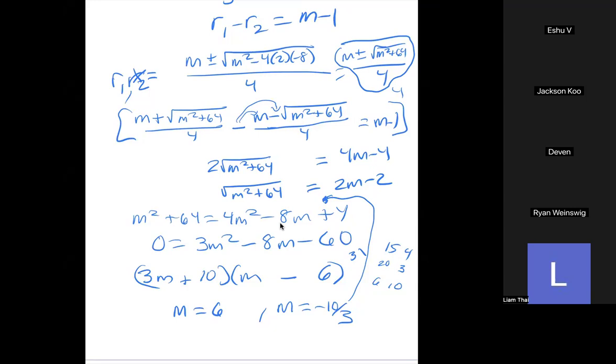Well, will that mean they have the same roots either way? You would still get the same, right? Yeah, you would still get a version of 6 and negative 10/3 if you did it the other way too. Because really the only difference is you'd have negative 2.